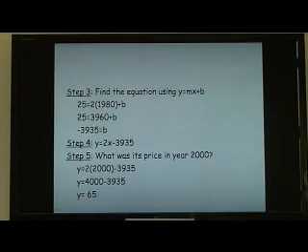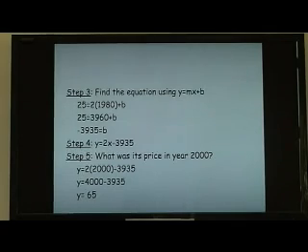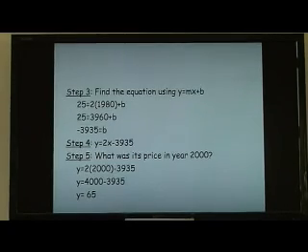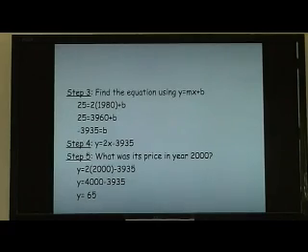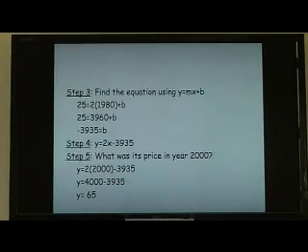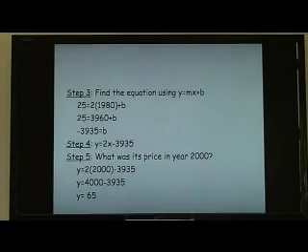With the equation y equals mx plus b, we have the original price in 1980, 25 equals 2 times 1980 plus b, which is 25 equals 3,960 plus b, which comes down to negative 3,935 equals b. Step 4, y equals 2x minus 3,935.